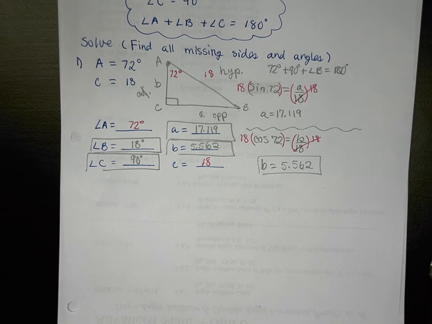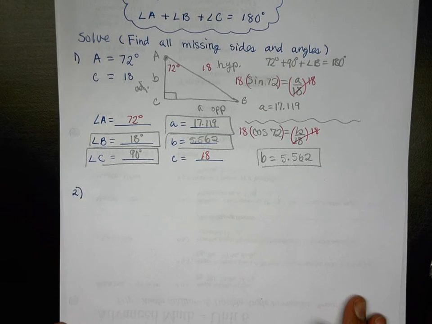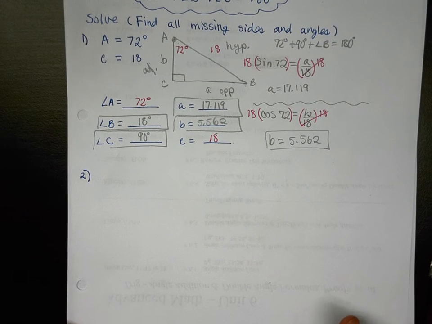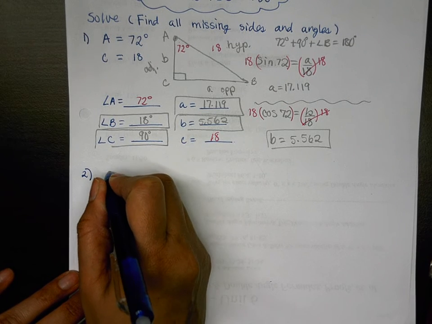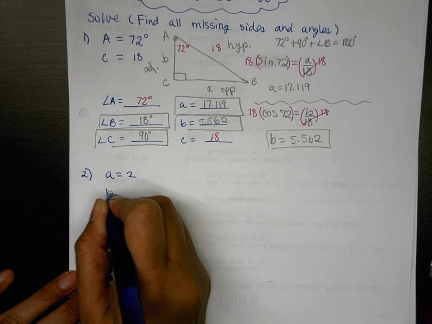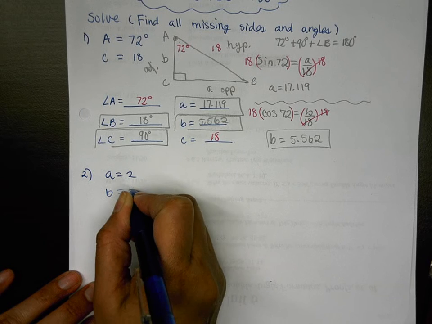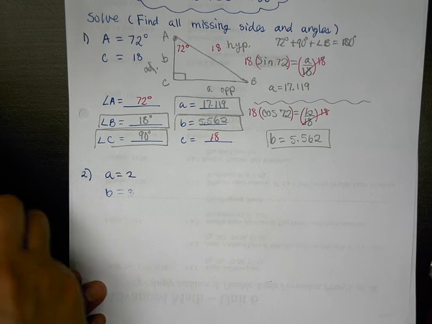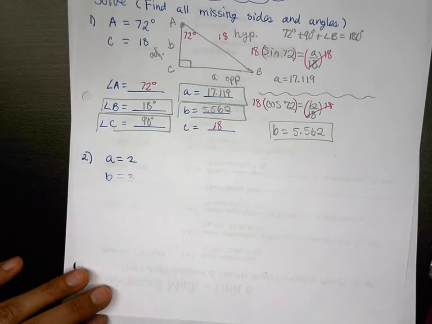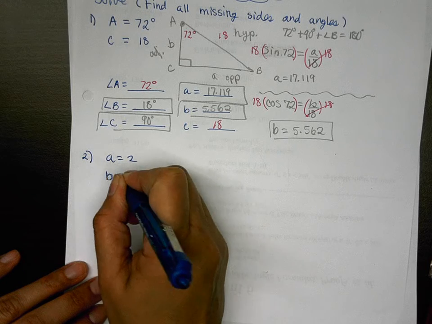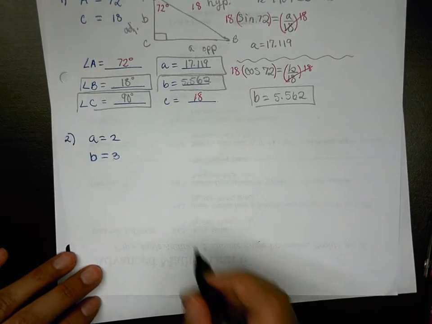Okay. Number 2. Another solve. A equals 2, B equals 3. Okay, going to draw my picture.